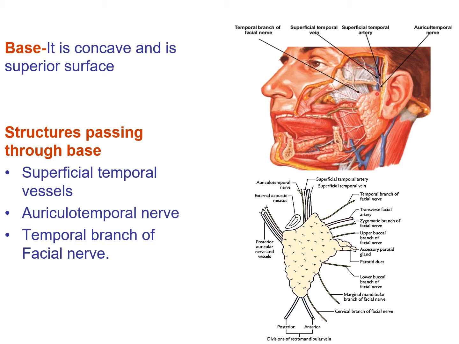These are the structures which are emerging and passing through the superior surface or base of the parotid gland. If we see here, this is the base. The structures emerging through the base are the superficial temporal vessels, the auriculotemporal nerve, and the temporal branch of the facial nerve.